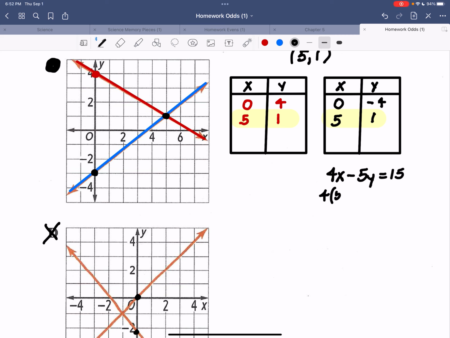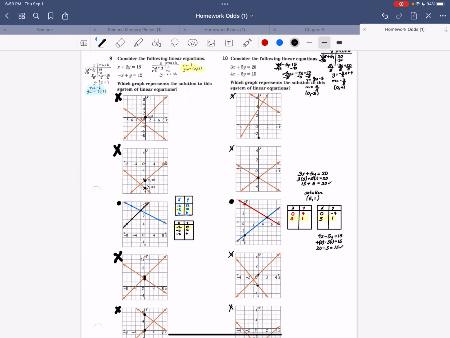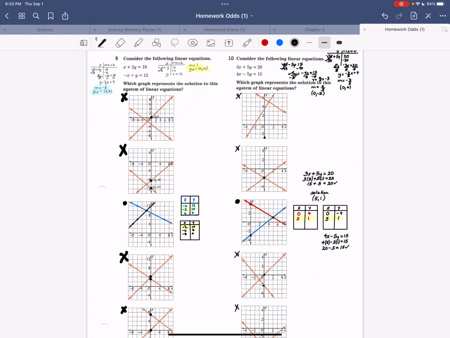So 4 times 5 minus 5 times 1 is 15. And that's 20 minus 5. That checks out as well. So that tells me that that solution is the true solution. It's the one that fits both equations. So the answer to number 10 is C.